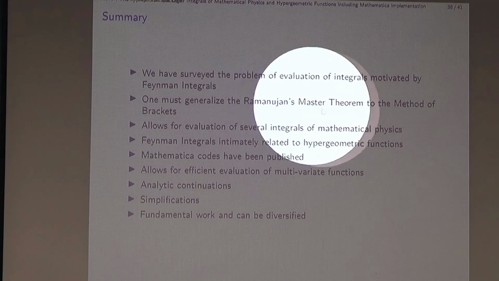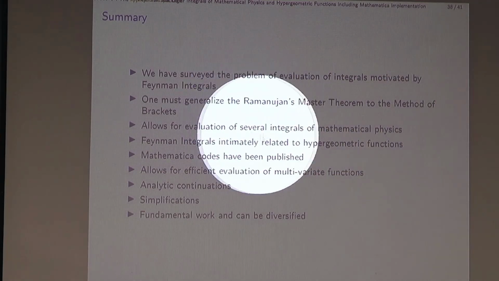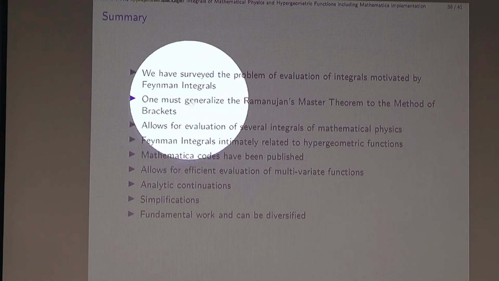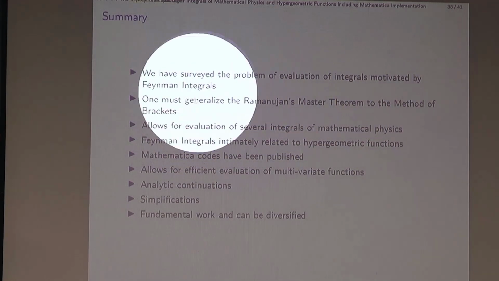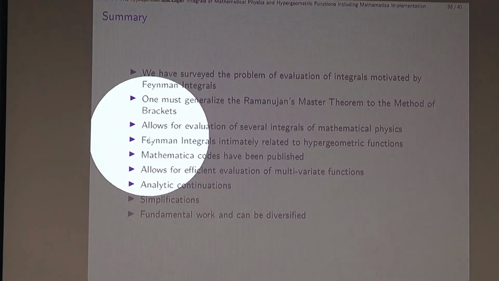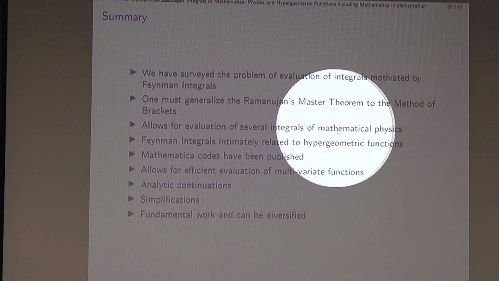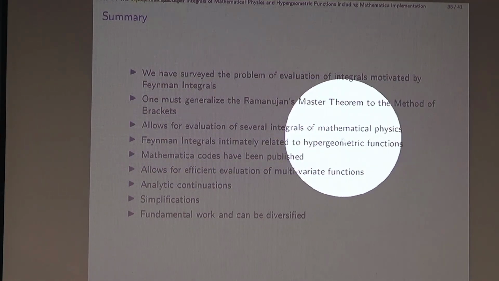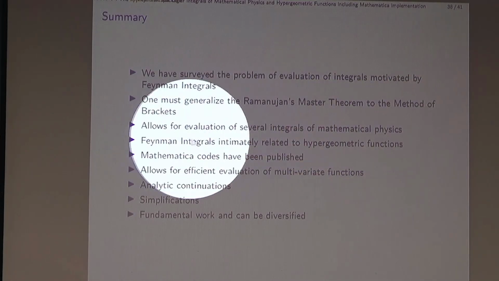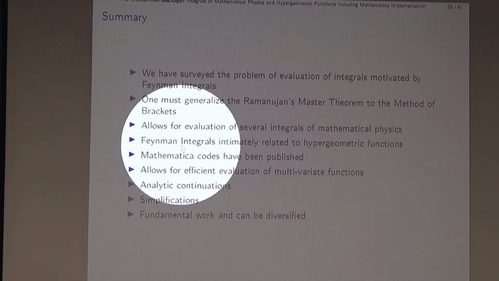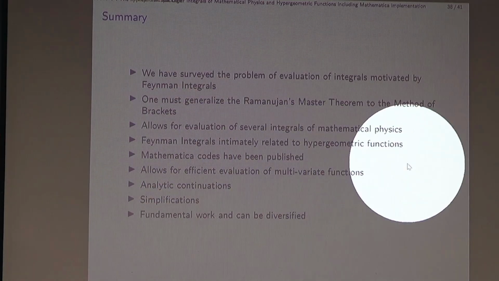It turns out that this method of brackets in its original form often fails and has to be improved, what we call the modified method of brackets. So it has allowed for the evaluation of several integrals of mathematical physics, including quadratic, quartic, and also these Ising integrals. Feynman integrals are intimately related to hypergeometric functions.